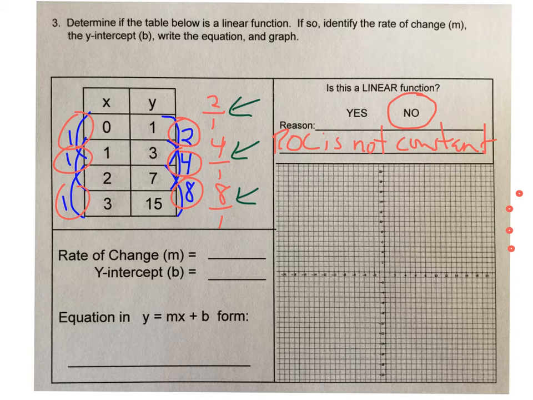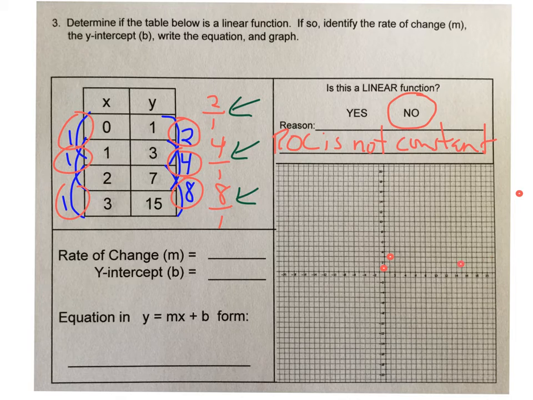And you could actually figure this out by the graph if you had the graph, because what happens is you get something that does not form a line. So when you graph it, you have your y-intercept of 0, 1. It's right at that 0, 1. And then 1, 3 over 1, up 3.